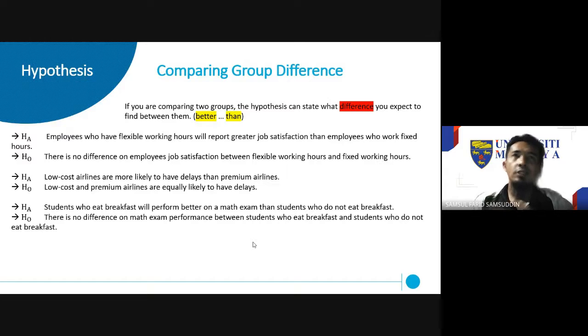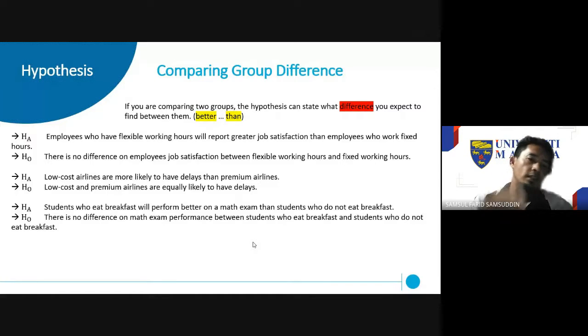The easier way for you to create a hypothesis, this is a tip, is to base it on the previous studies' statement. Clearly the previous study mentioned this statement, so you will use this statement as your hypothesis.